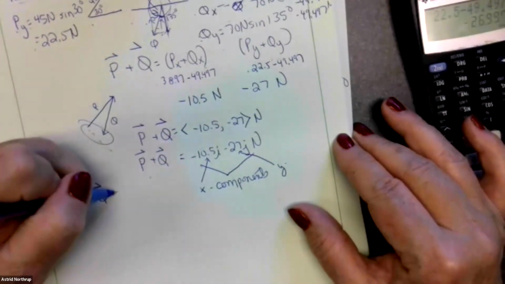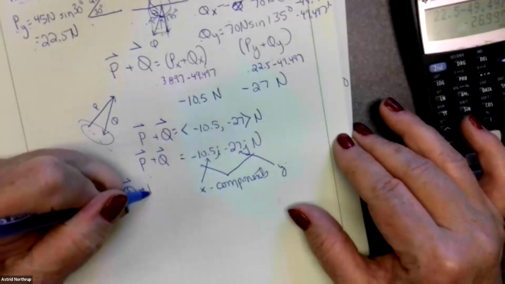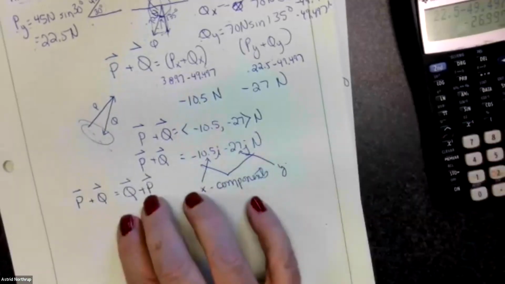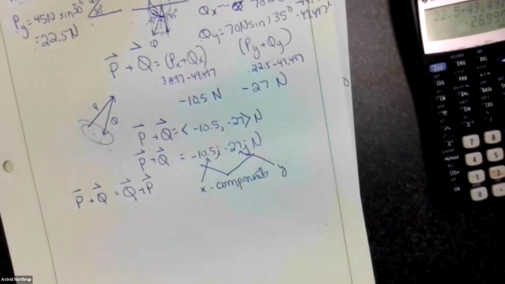P plus Q is equal to Q plus P. So it doesn't matter what order you do them in, as long as you break them down into those cardinal directions, or into x component and y component.